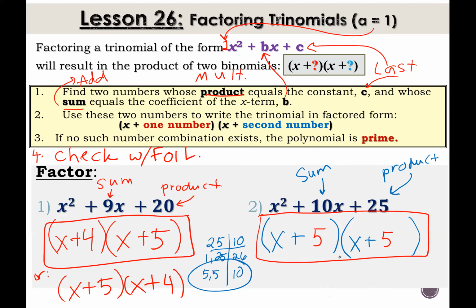Because the two factors are equal to each other, another way of writing the answer is using an exponent. So you could also write x plus 5 squared. Okay, so both of those answers are correct. You may use either one for your answer. Okay, so you can use the exponent, or it is okay to write them separate. X plus 5, x plus 5.